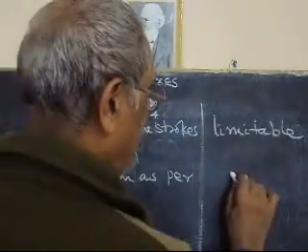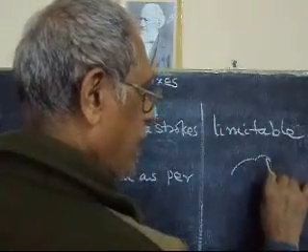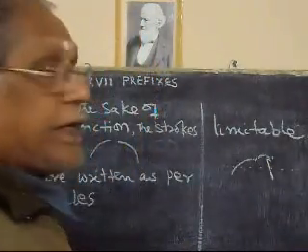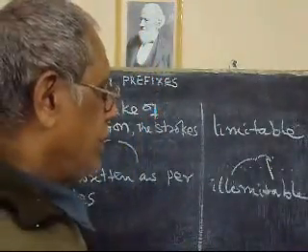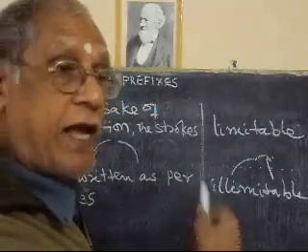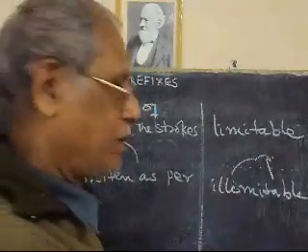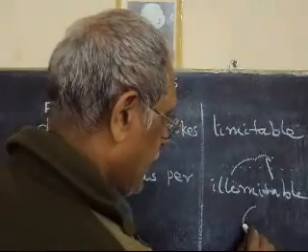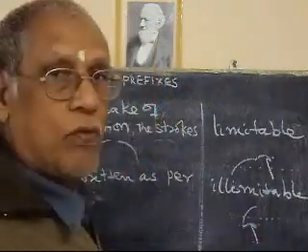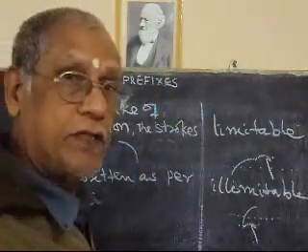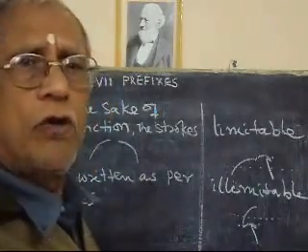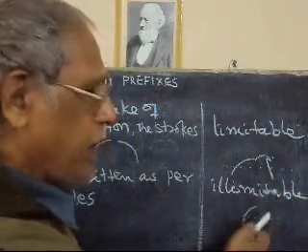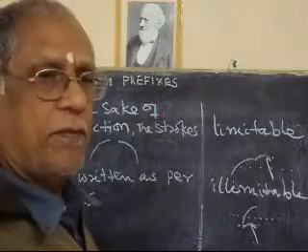Limitable. Illimitable. Now, which form should be used as per rules? Downward L. See? Illimitable. Why have we used downward L? There is a rule. As per rule number 117, we have written like this in the negative word.